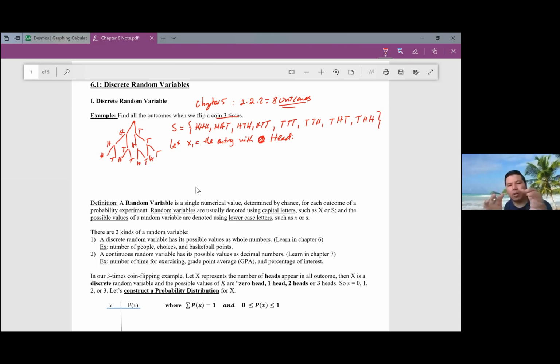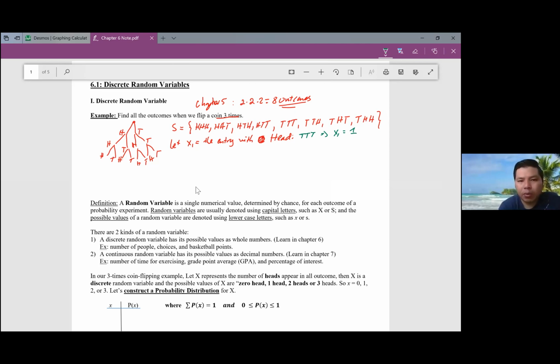Since we have all the outcomes listed, let's break them out a little bit. So x1 is the number of entries with 0 heads. How many entries do we see that have no head at all? Only one. The only option to achieve zero heads is tail, tail, tail. So x1 equals 1.